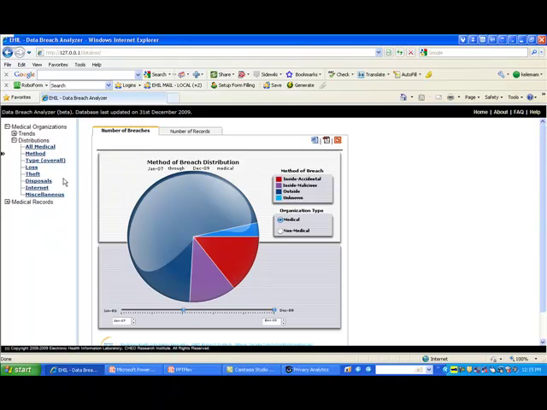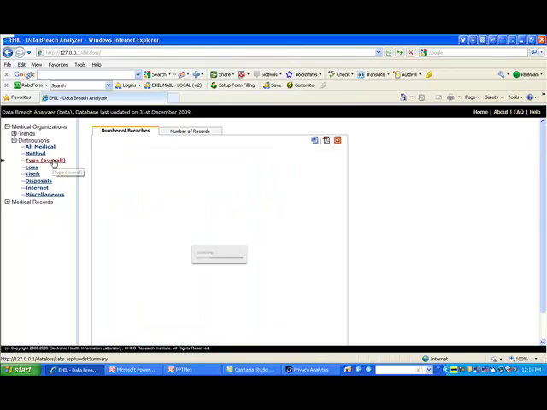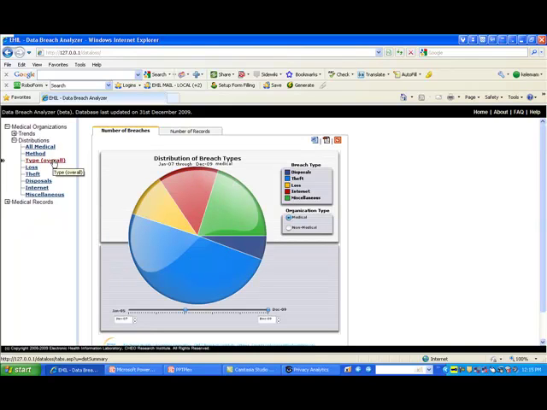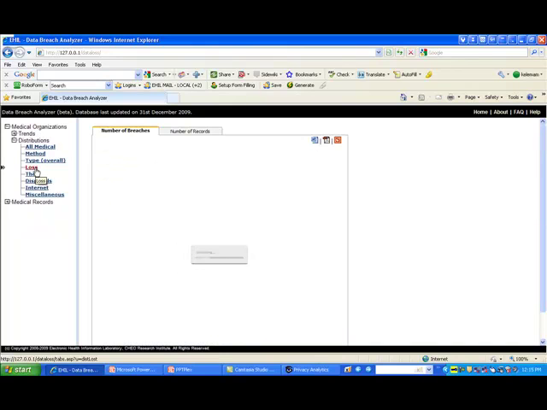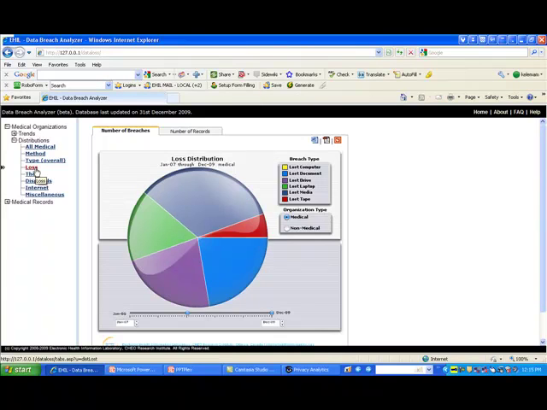The other thing that may be interesting to note: if we look at loss, you see that laptop loss constitutes about 17% of all the lost items, and drives constitute another 22%.